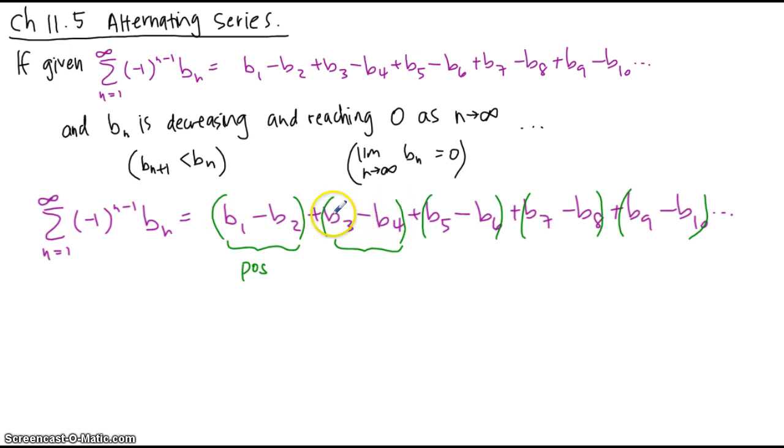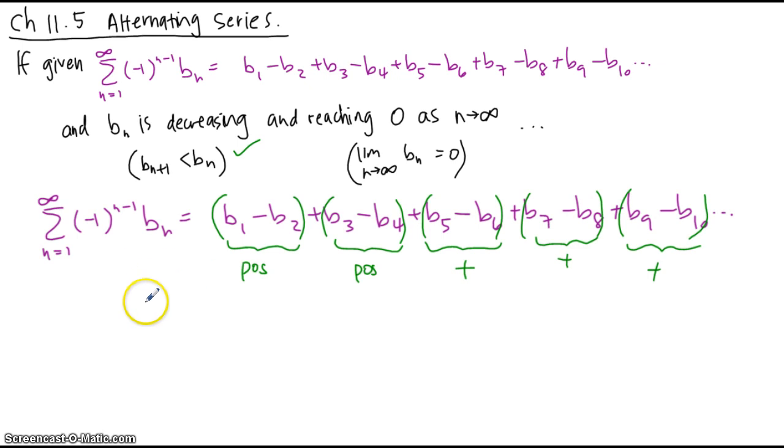Just like b4 is smaller than b3. So this one is also going to be positive. This parentheses is also positive. Each of these groupings will always be positive because of this condition right here. The fact that each term is decreasing, right?